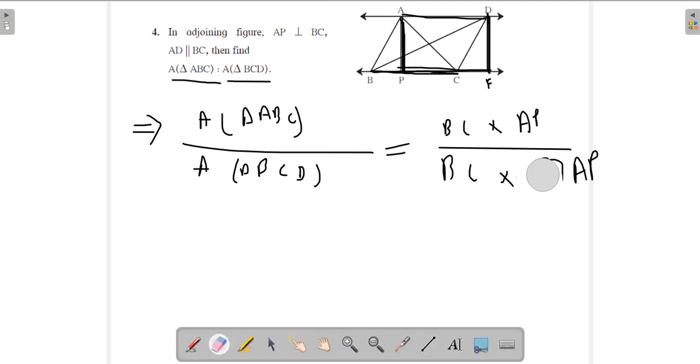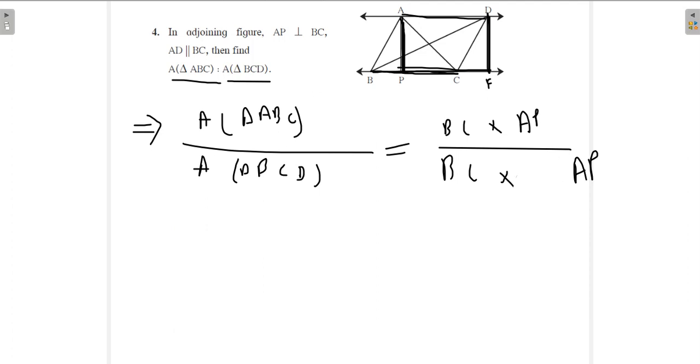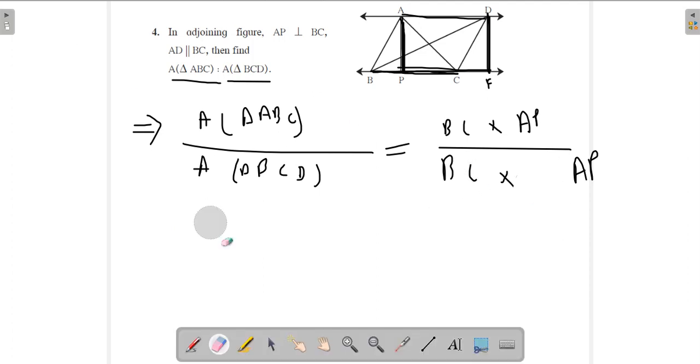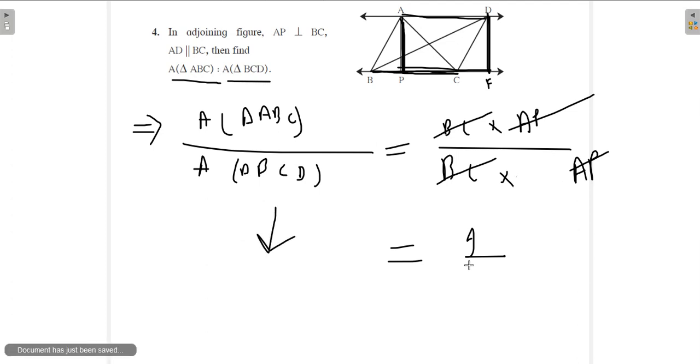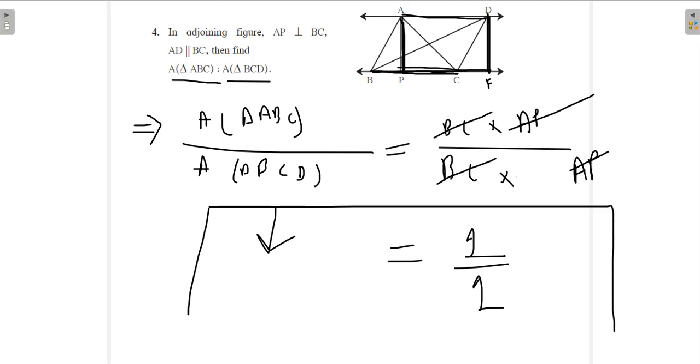This is very simple. Now I will clear it out: BC gone, AP gone, so it will be 1. So 1 means the areas are equal. So the area of triangle ABC to the area of triangle BCD is 1:1. Write the same step here and do the box.